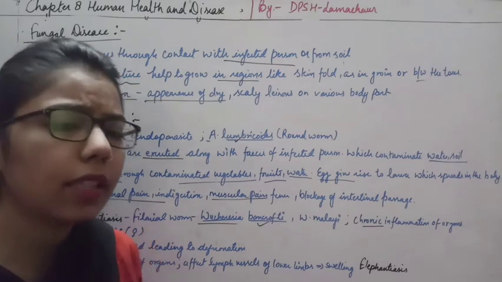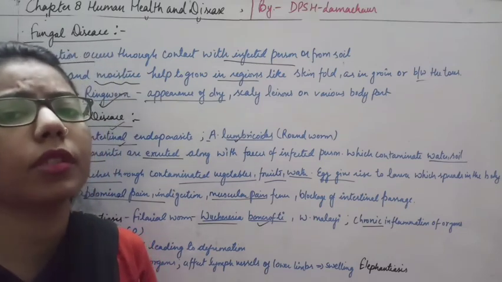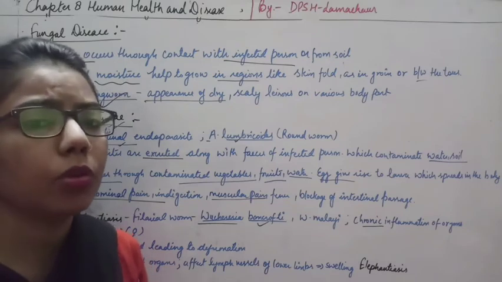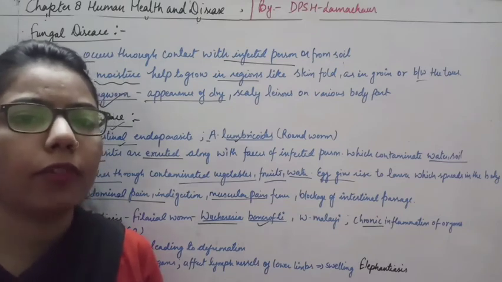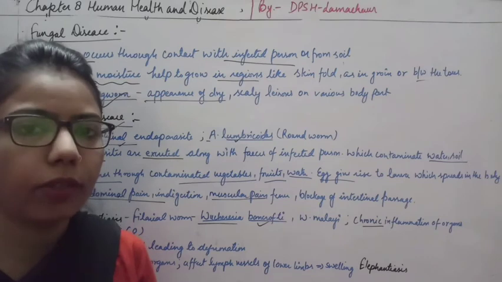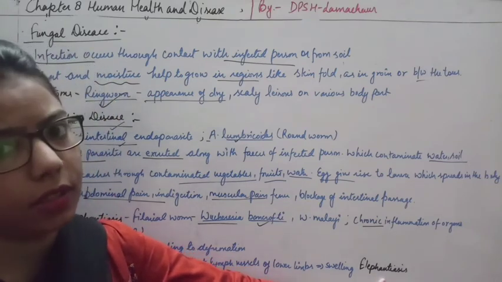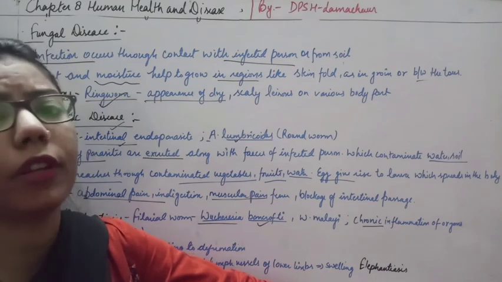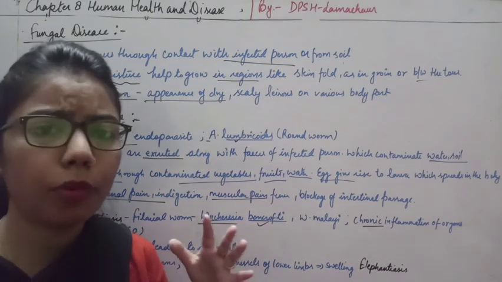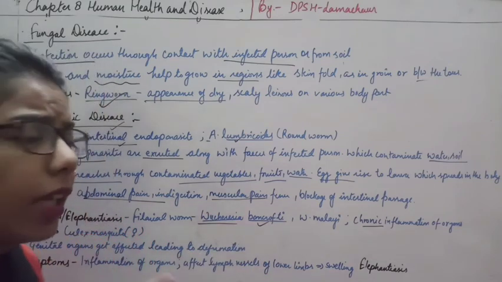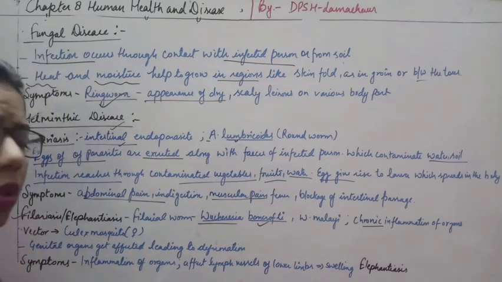And this swelling of the limbs may look like an elephant. That's why the disease is called elephantiasis, and it is also known as elephant foot. The foot will form like an elephant's, very heavy, due to the swelling.